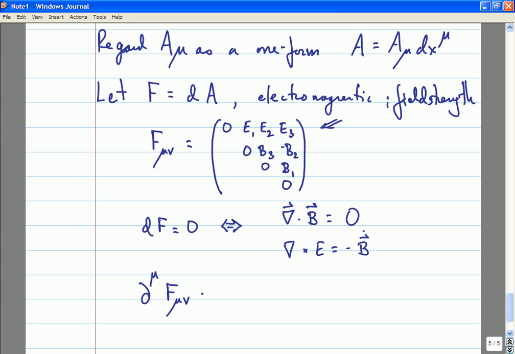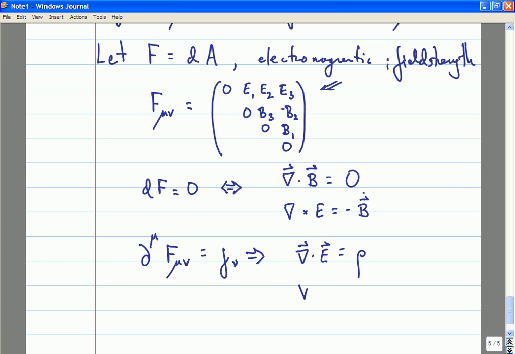We typically give a name to that 1 form. We call it the current 4 vector. Or in components, the 0th component of this would say that del dot E is equal to the 0th component of the current 4 vector J mu, which we call rho, the charge density.